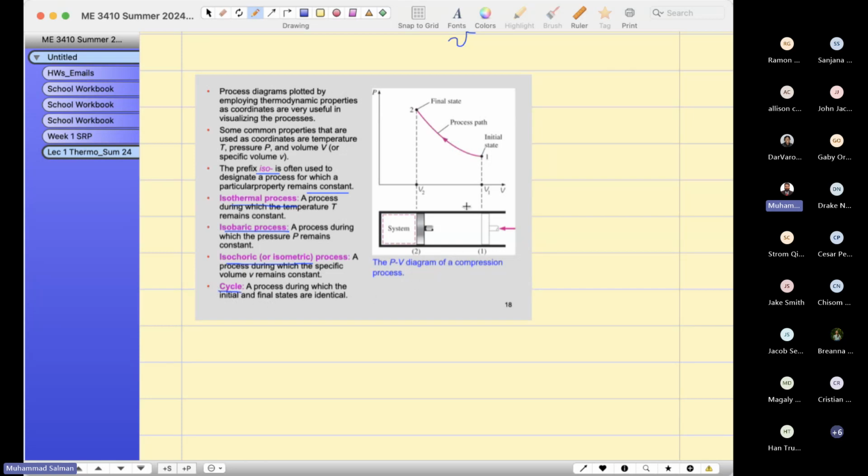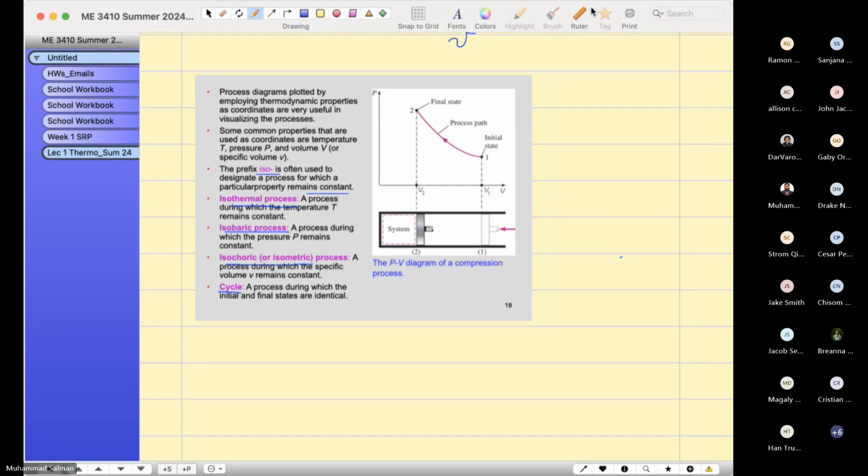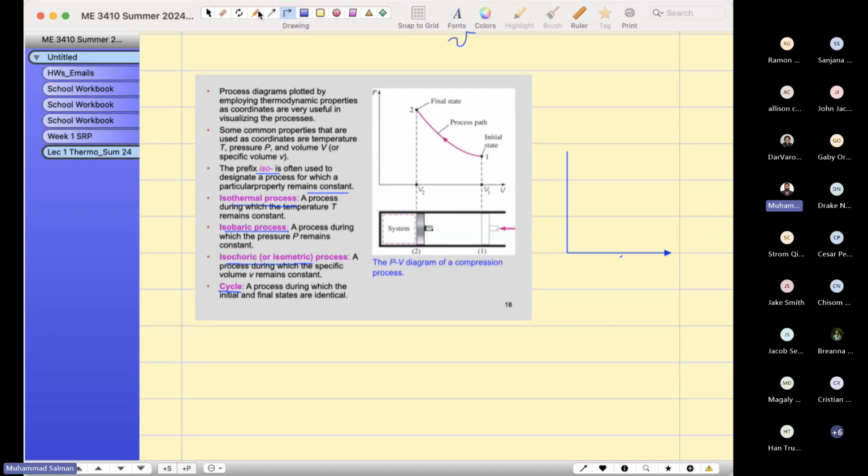A cycle is like, let me show you a cycle. Oh, I'm sorry. A cycle is in a process. It should be more than two processes from one state. Suppose the equilibrium states are here, here, here, and here. So the process is happening like this, from 1 to 2, 2 to 3, and 3 to 1.